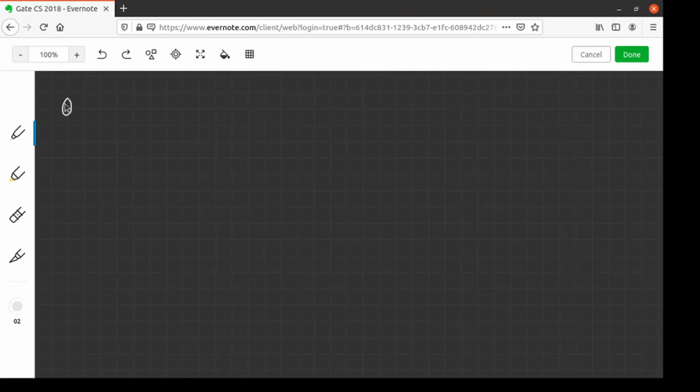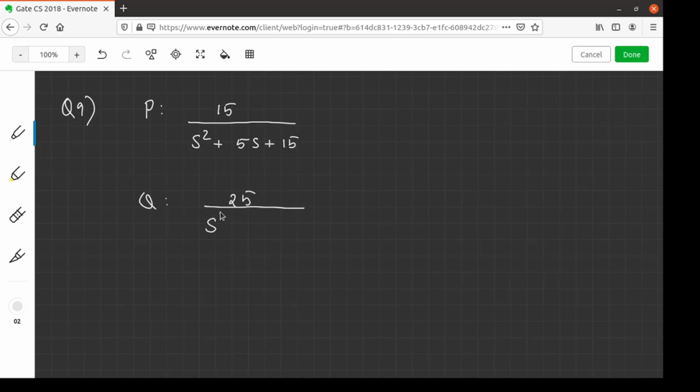In this question, we are given three systems, that is P: 15 by s squared plus 5s plus 15, Q: 25 by s squared plus 10s plus 25, and R, that is 35 by s squared plus 18s plus 35.